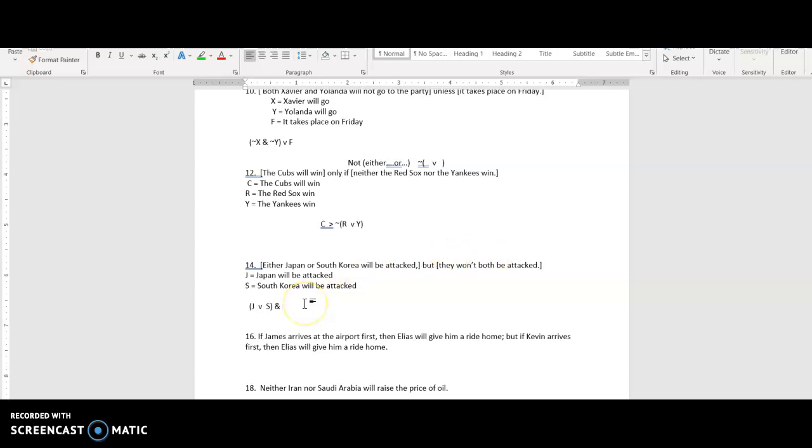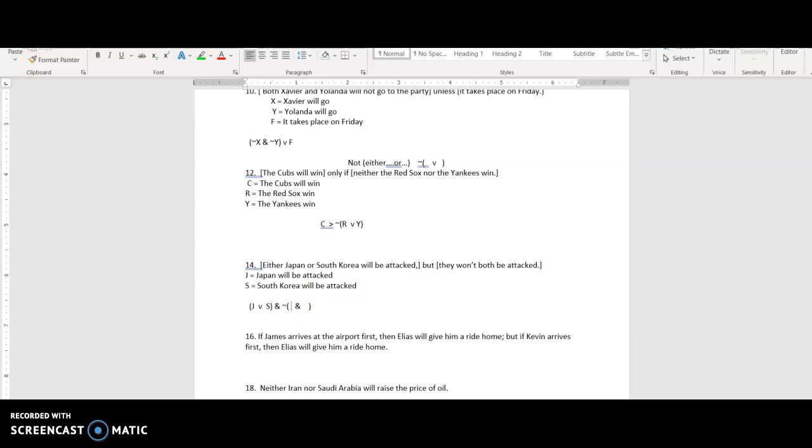So not both is the negation of a conjunction, right? It's not the case that this and this. It's not the case that both, right? So not both is the negation of a conjunction. And we don't need new letters since it's saying not Japan and not South Korea.